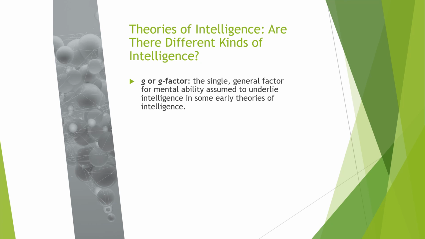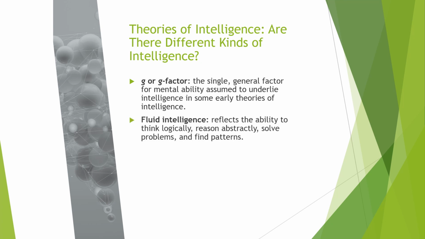We also have two different types of intelligence. We have fluid intelligence and we have crystallized intelligence. First off, fluid intelligence. Fluid intelligence reflects the ability to think logically, reason abstractly, solve problems, and find patterns.